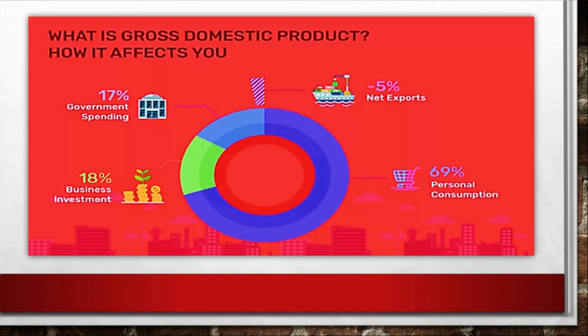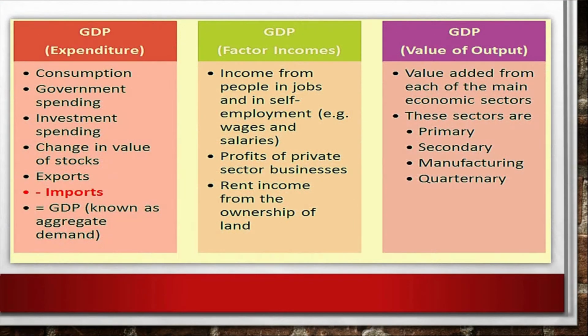GDP can be determined in three ways, all of which should theoretically give the same result. These are the expenditure approach, the factor incomes approach, and the third is the production approach, or we must say the value added approach or value of output.